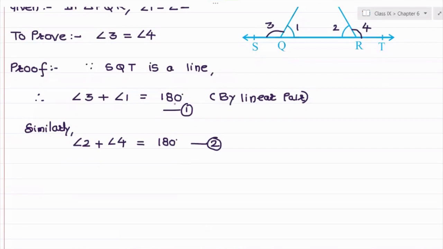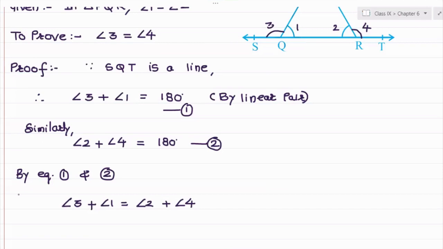Right hand side here is 180 and here also 180. So we can say that their left hand side will also be equal. So by equations first and second, angle 3 plus angle 1 is equal to angle 2 plus angle 4, right? Because if RHS are equal, LHS will also be equal.